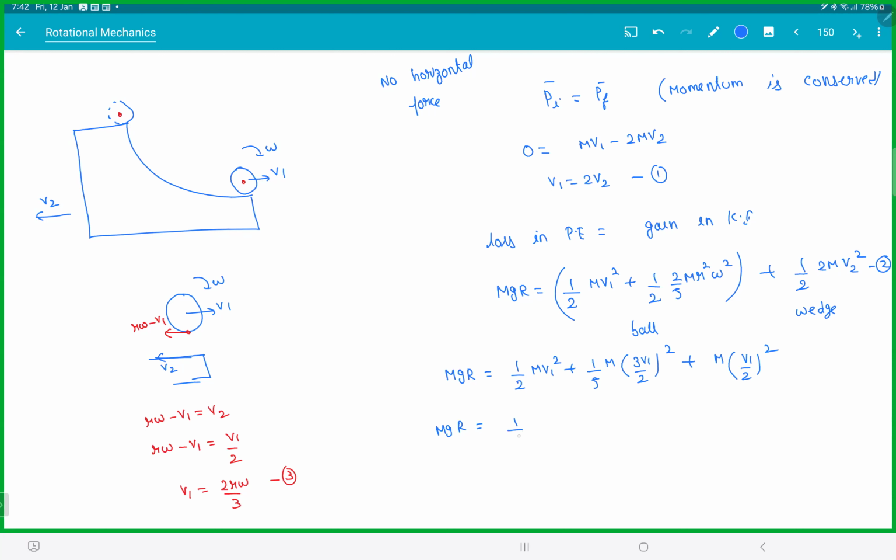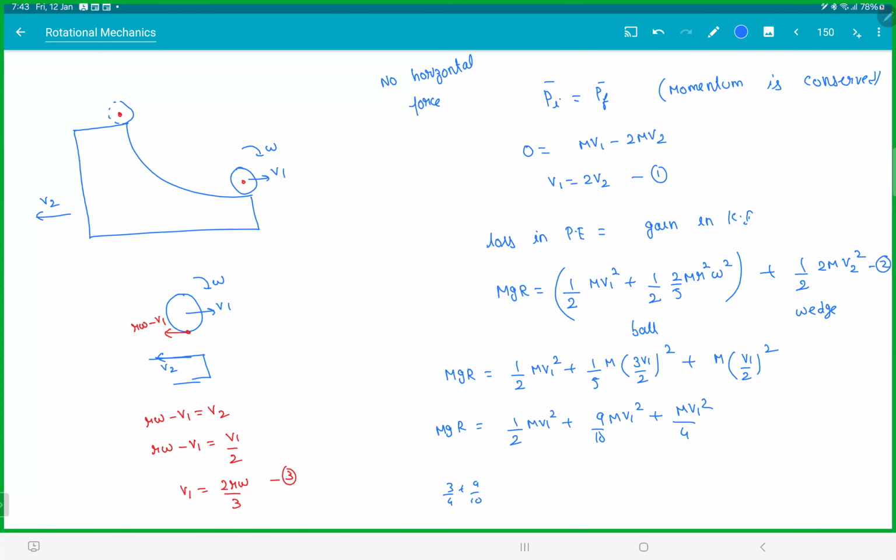So mgR is half mv1 square plus 9 by 10 mv1 square plus mv1 square by 4. This doesn't look good. Did I goof up somewhere? Maybe you're right, Lakshika. I don't know.